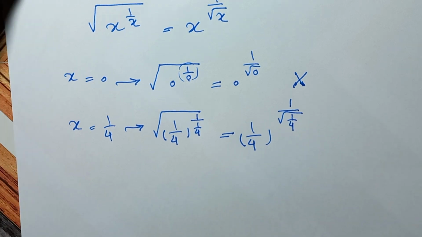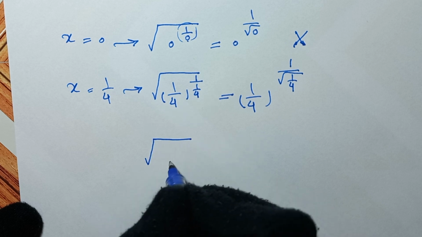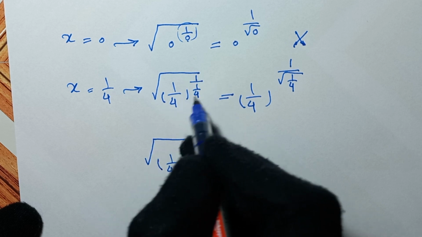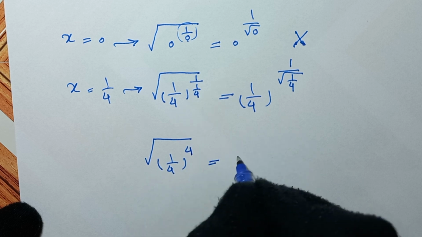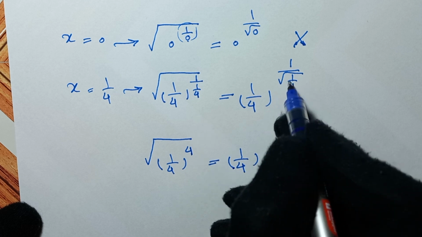So it will be square root of 1 over 4 to power of 1 over 1 over 4, it will be 4, right? To power of 4 is equal to 1 over 4 to power of, a square root of 1 over 4 is 1 over 2, right?